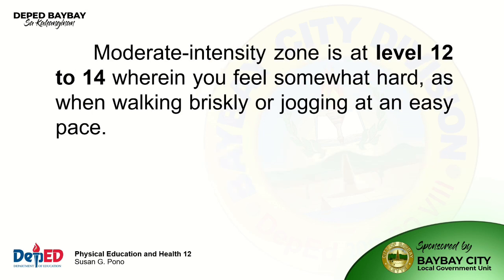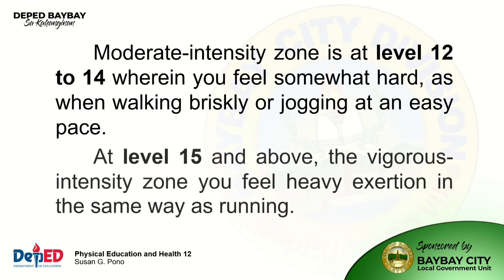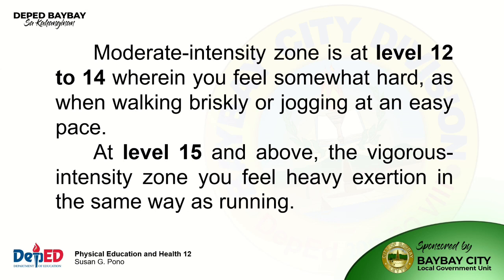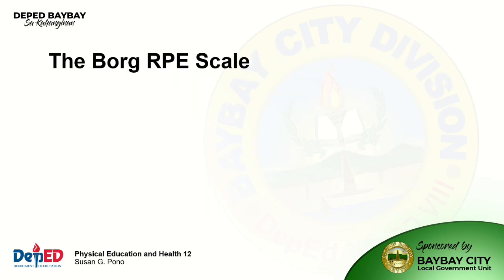Moderate intensity zone is at level 12 to 14, wherein you feel somewhat hard, as when walking briskly or jogging at an easy pace. At level 15 and above, the vigorous intensity zone, you feel heavy exertion in the same way as running. Now, let's talk about the Borg RPE scale.